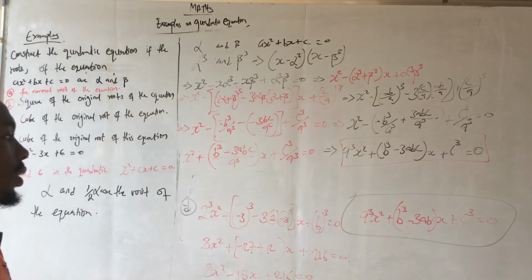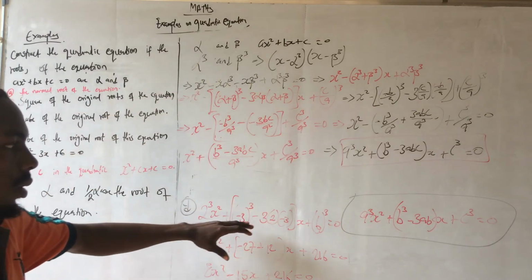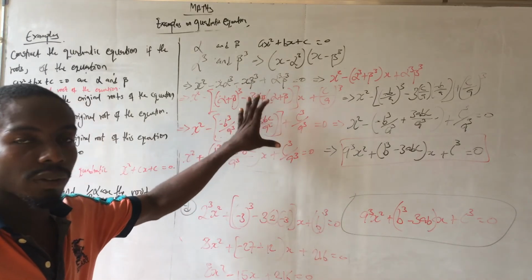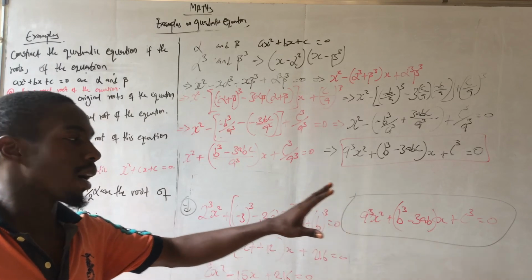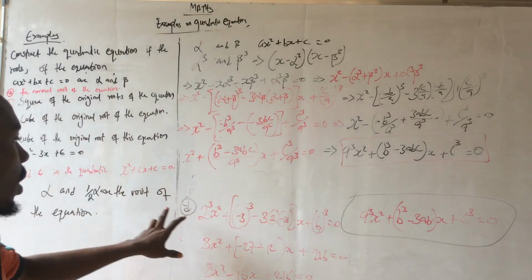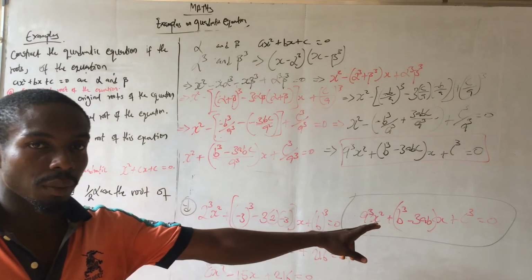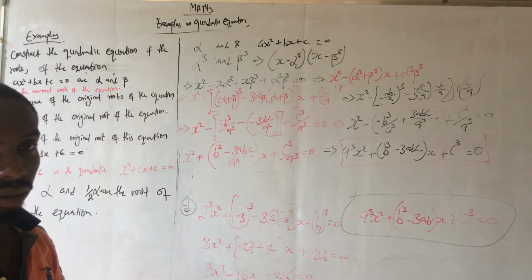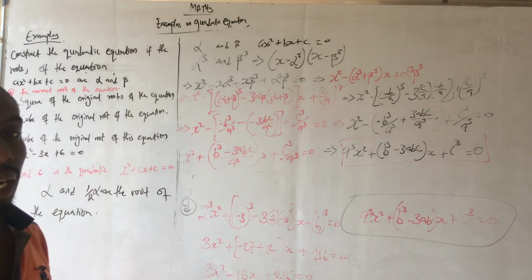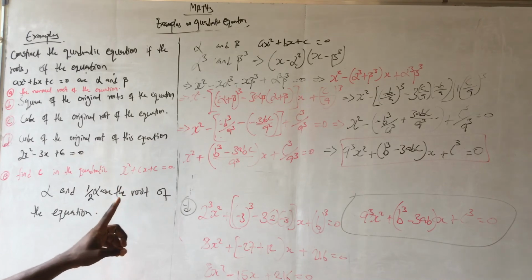So I don't want to start from the beginning. I don't want to start from here to solve this. I just started from here. Since I've solved the cube, whatever I see here in this quadratic equation, this is what I got, and that is nothing but the thing they asked us to construct. Remember, we are constructing a quadratic equation.